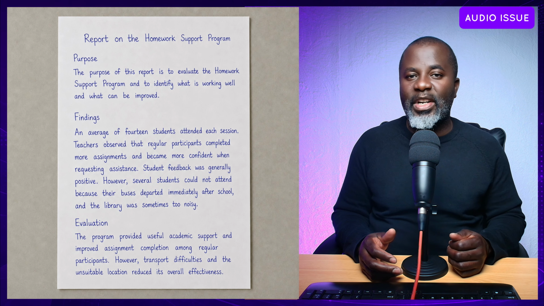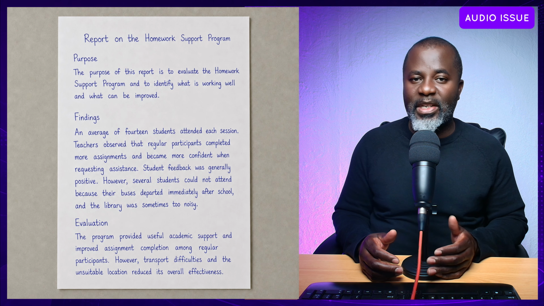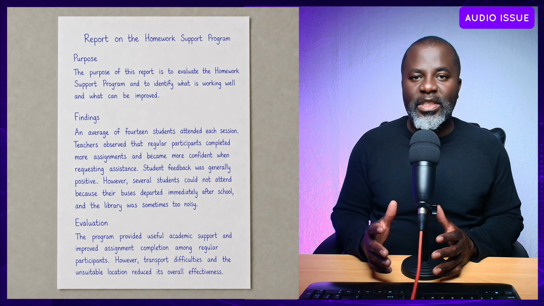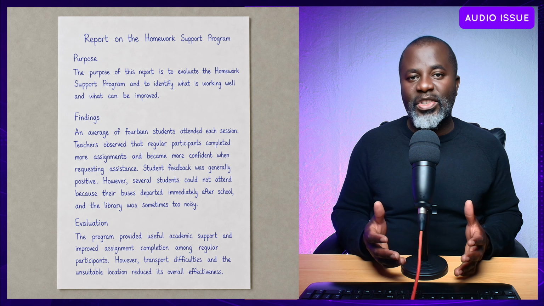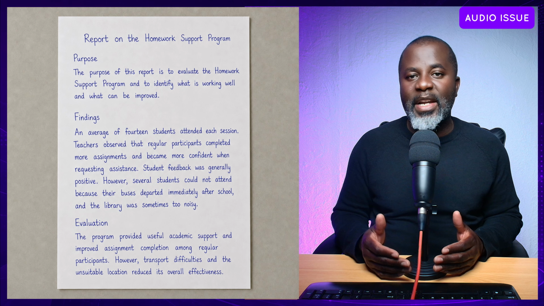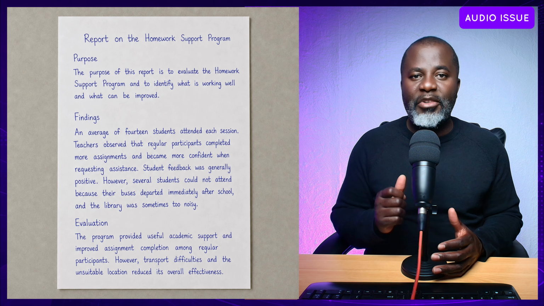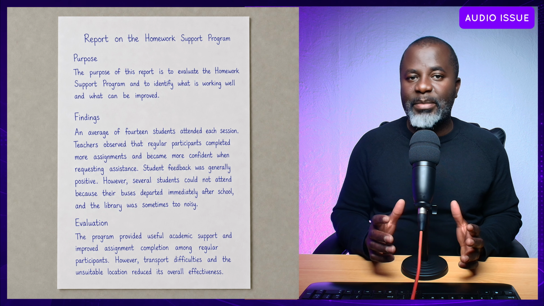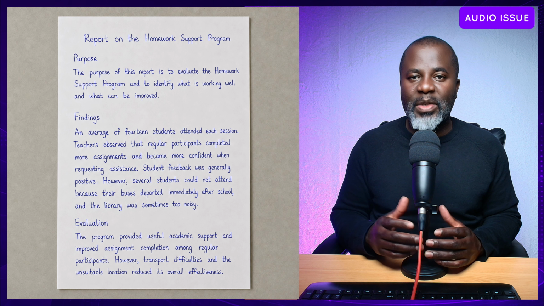The next section is the conclusion and the recommendations. In a short report, you do not need separate sections for the conclusion and recommendations. You can combine them in one final section. First, give your overall judgment, then explain what should happen next.